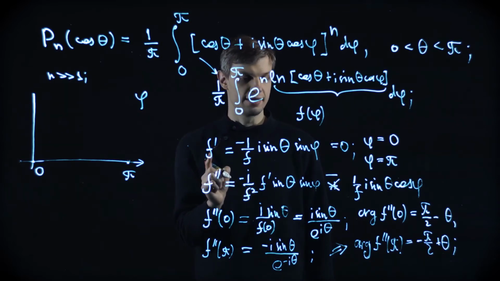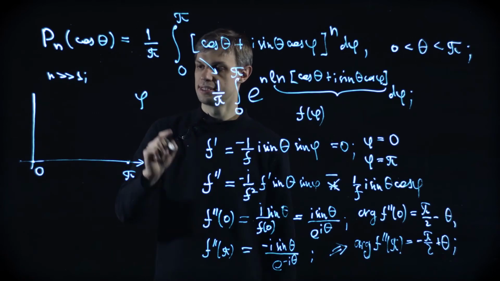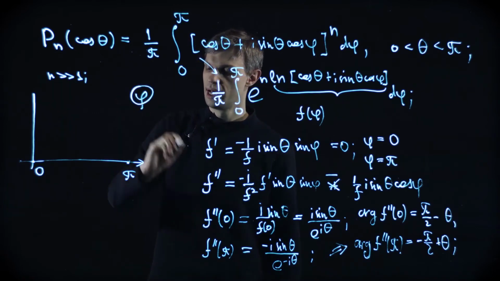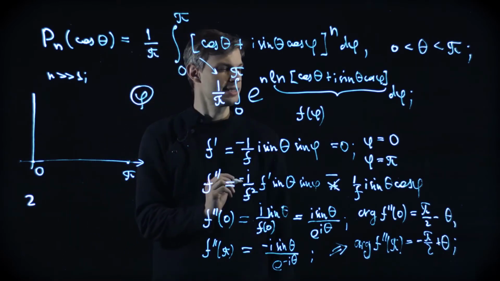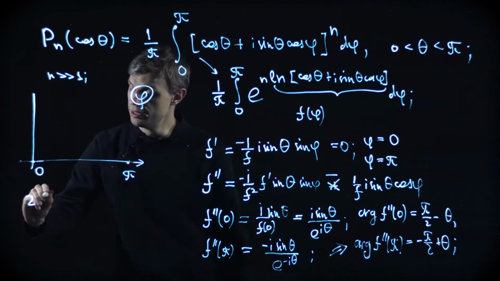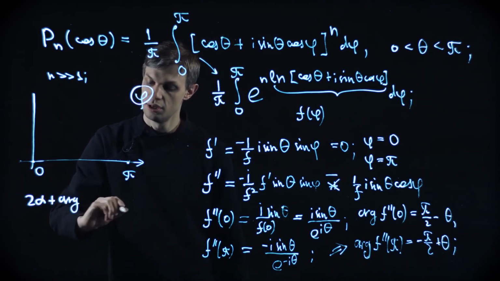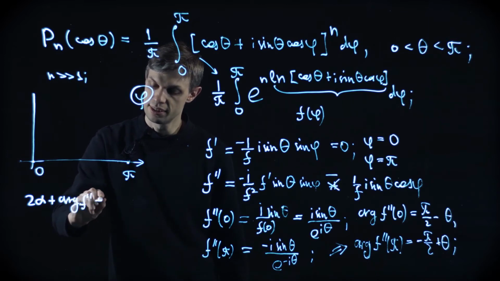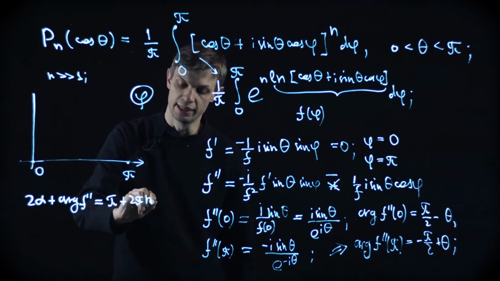Right, and what else do we need? We need the conditions for our steepest descent path. As you remember, it's as follows. Let's denote this steepest descent angle as alpha. So 2 alpha plus the argument of f prime prime is equal to pi plus 2 pi n.